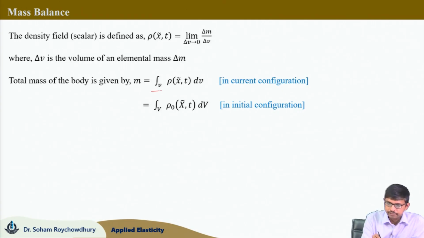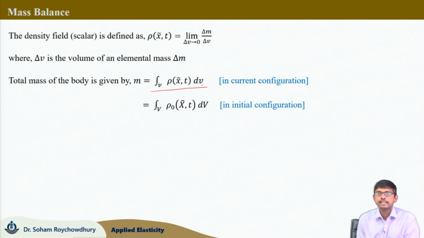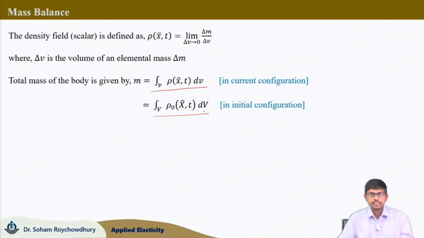So if rho is a function of small x and the integral is over small dv, then it is the current configuration definition of mass. If rho is a function of capital X and the integral is over dV, the undeformed volume, then this is the definition of mass in the initial configuration.